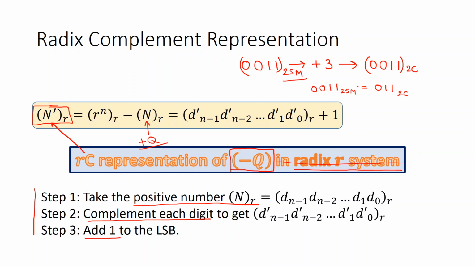If I use 4 bits, then the signed magnitude representation of a positive number is also the 2's complement representation of the same positive number.